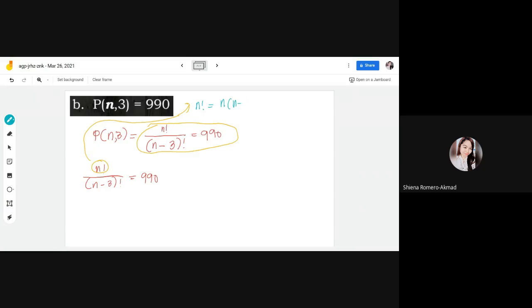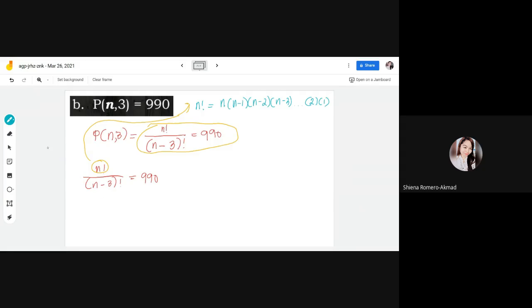N minus 1 times n minus 2 times n minus 3 until we get to 2 times 1. Okay? So, bakit natin siya express sa ganito? For us to cancel kung ano yung nasa denominator. Okay? So, si n factorial, substitute natin sa kanya ito.